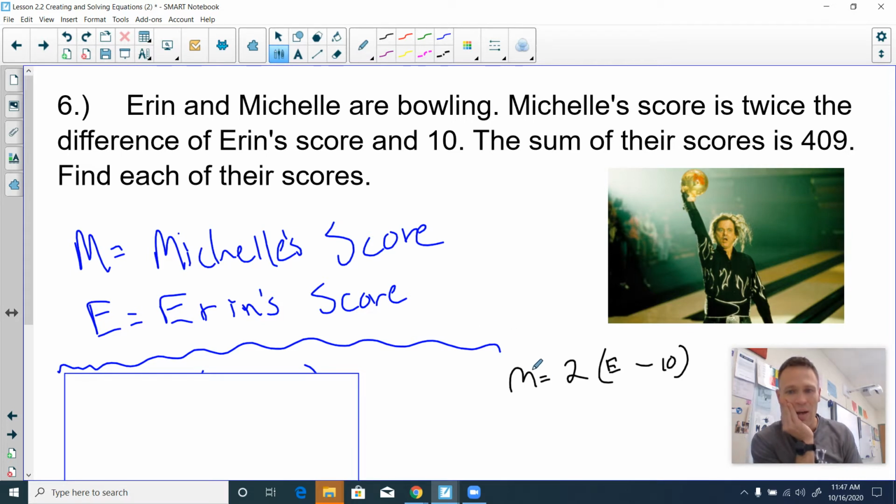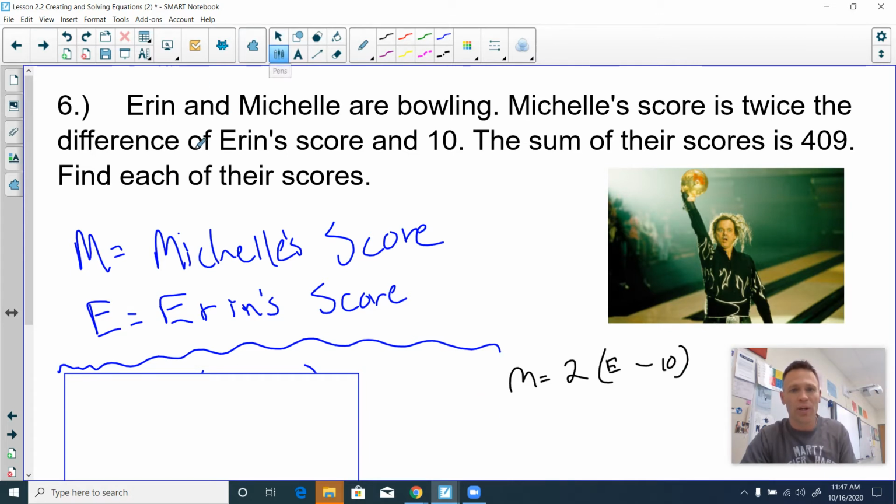Okay, so that is how we broke that down. One more time, Michelle's score is, so that's how we got the M, equals is the is part, is what? Twice the difference. That told me I was multiplying 2 times some quantity. It's going to be a difference, and the difference is Aaron's score and 10, E minus 10, and then it's 2 times that.